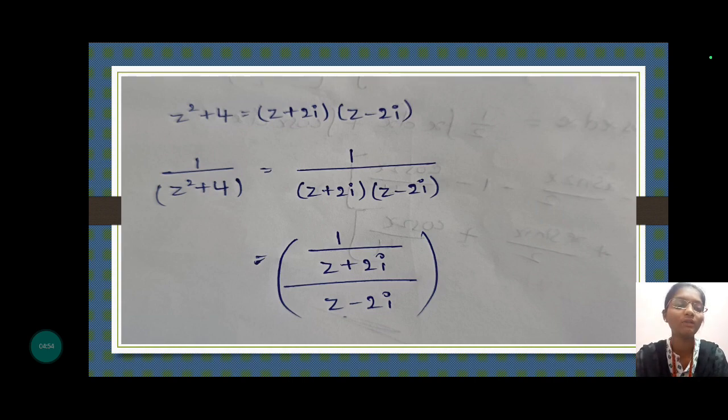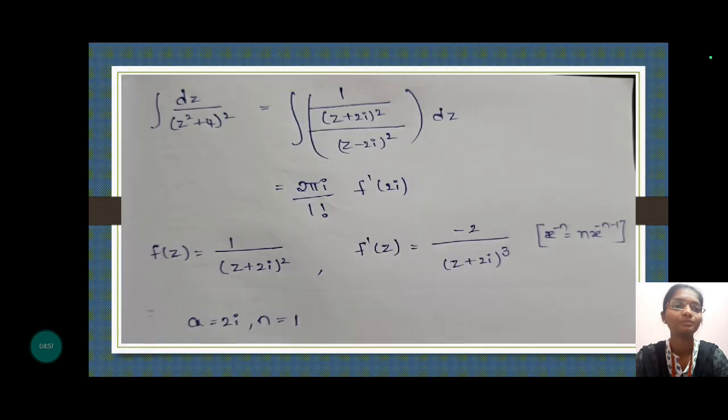The integral dz by (z square plus 4) whole square is equal to the integral of 1 by (z plus 2i) whole square by (z minus 2i) whole square into dz, which is 2 pi i by 1 factorial f dash of 2i. Here f of z is equal to 1 by (z plus 2i) whole square, and f dash of z is equal to minus 2 by (z plus 2i) whole cube.